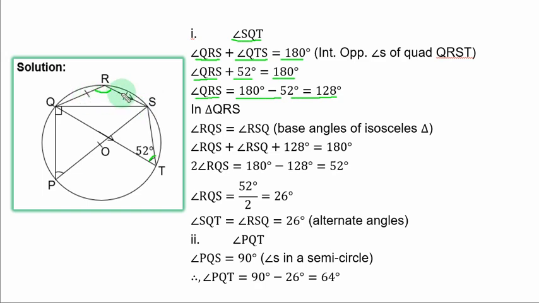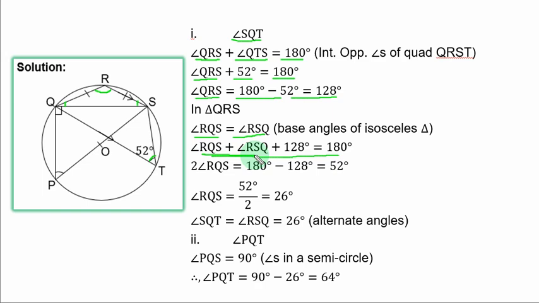Now let us consider triangle QRS. By these two markings, it means that triangle QRS is an isosceles triangle. For that reason, the base angles are equal. So you have angle RQS equal to angle RSQ, base angles of an isosceles triangle. If you add the three angles in the triangle, their sum is 180. Since these two angles are equal, you can take any one.